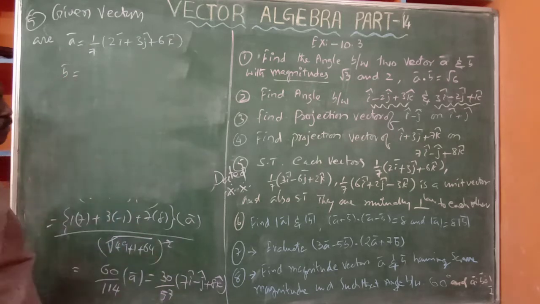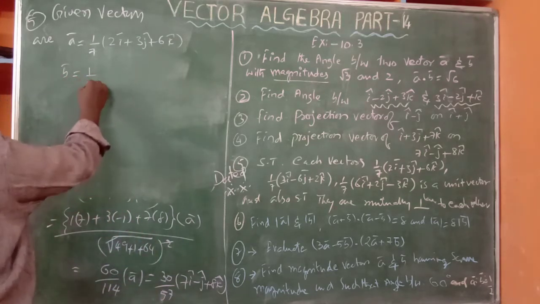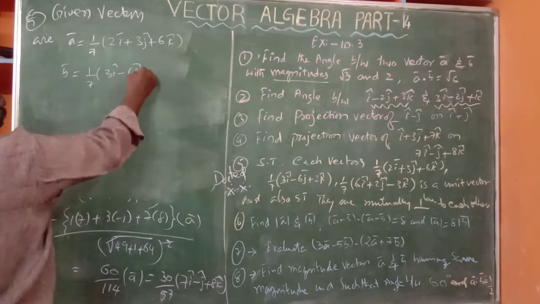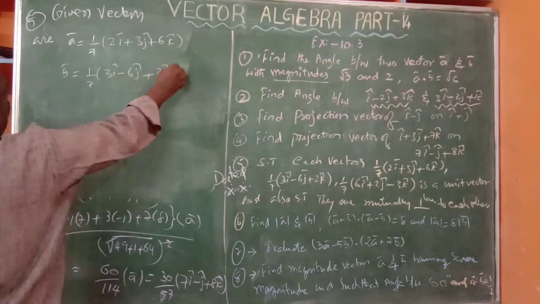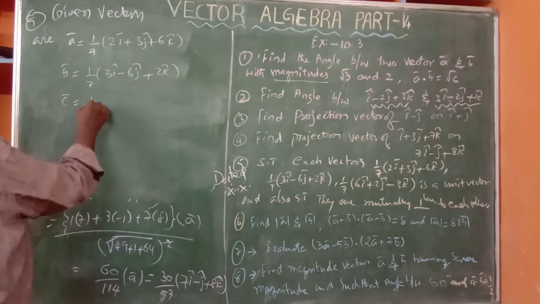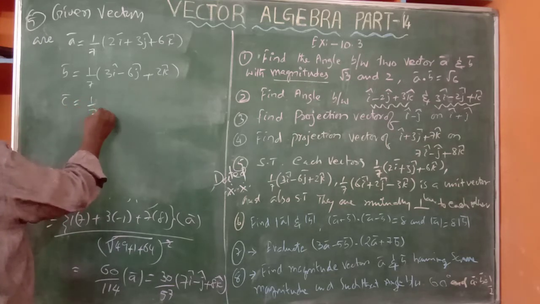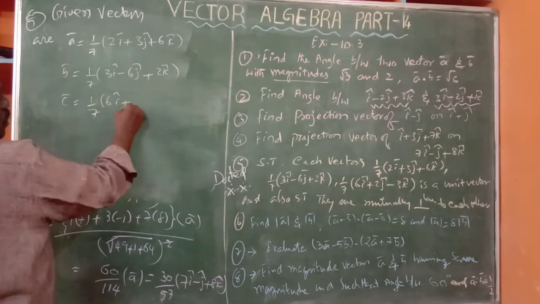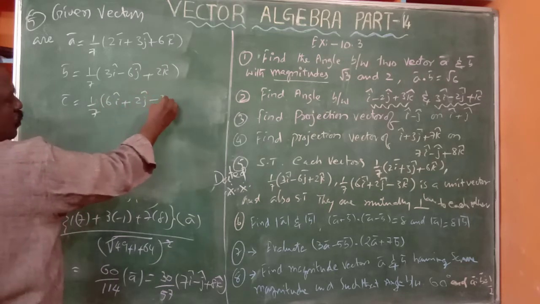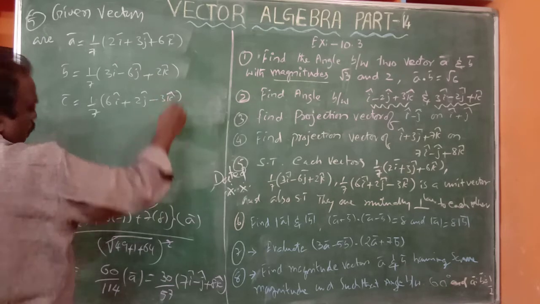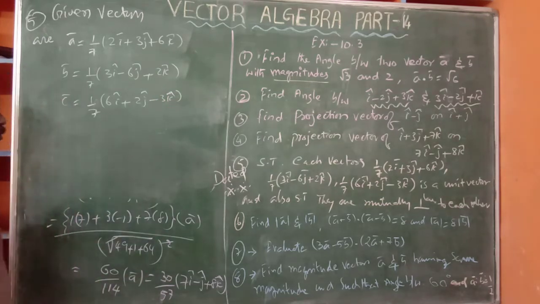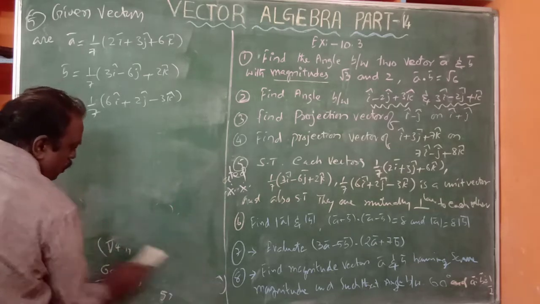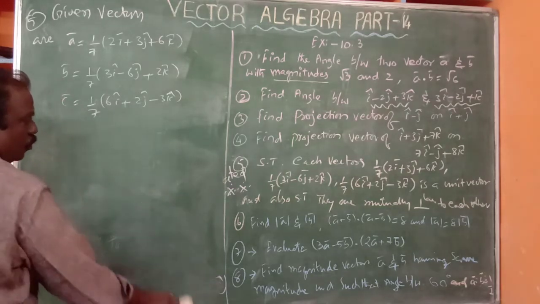B bar is equal to 1 by 7 into 3i minus 6j plus 2k. C bar is equal to 1 by 7 into 6i plus 2j minus 3k. Okay na? These are the given vectors.